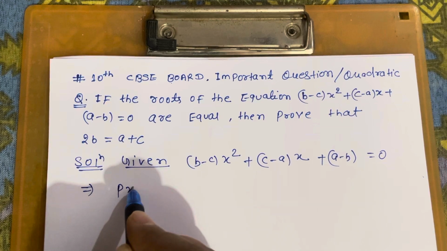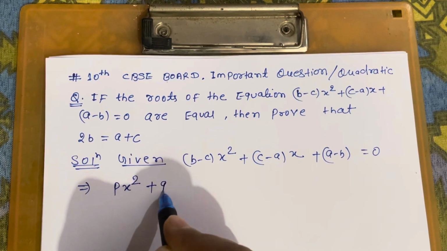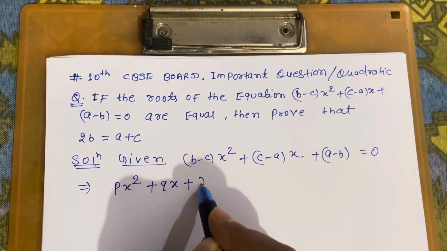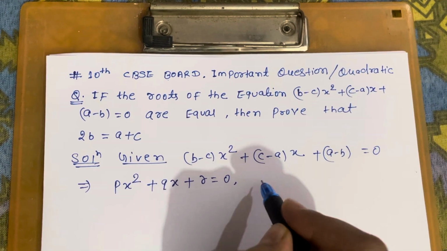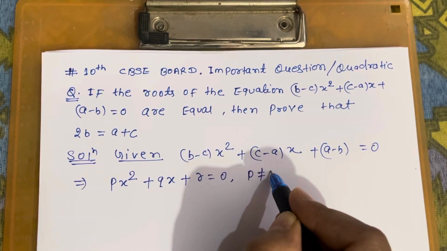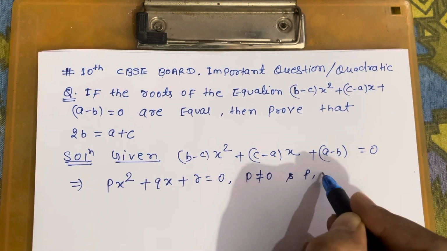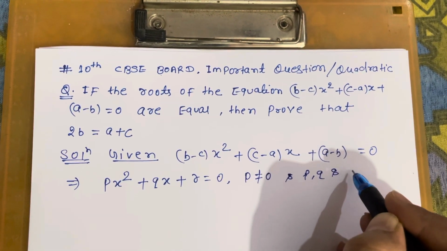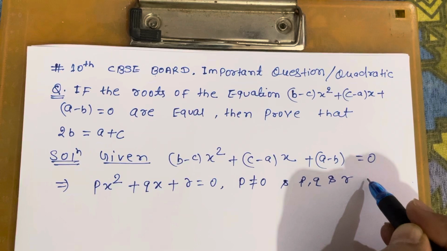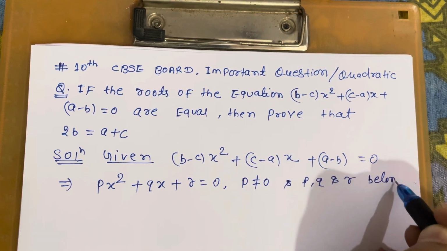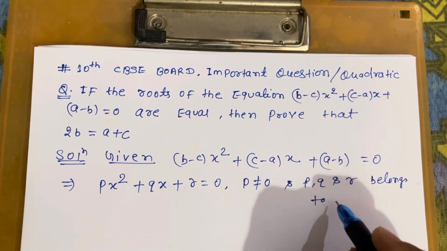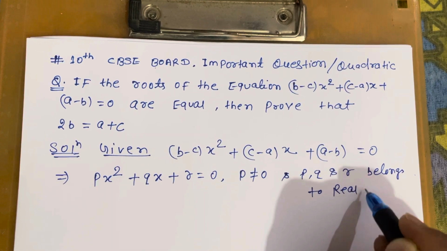Let this be px square plus qx plus r is equal to 0, where p is not equal to 0 and p, q and r belong to real numbers.